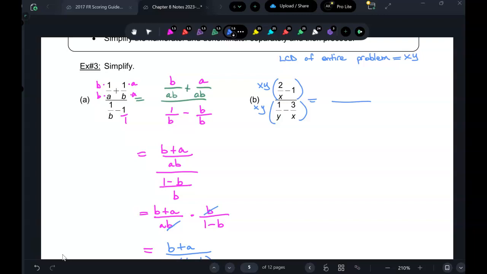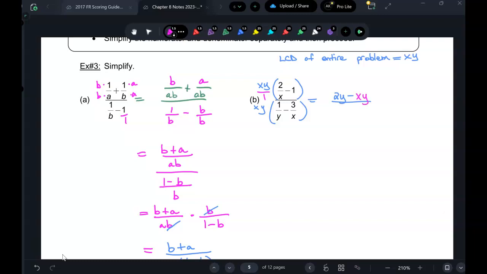What happens? It would be 2y, because remember, this is over 1. So if I multiply this, the x's would cancel and we'd just be left with 2y over 1, minus y. And then distribute, minus xy.